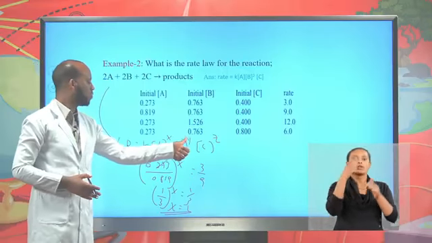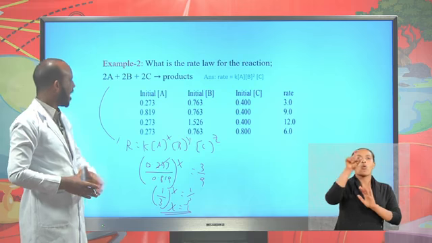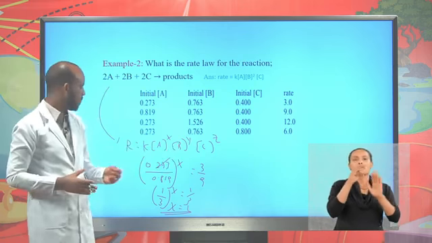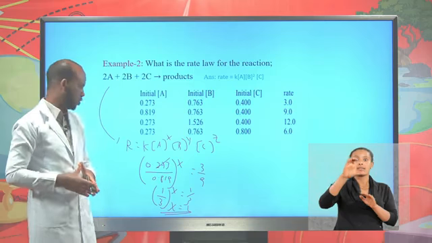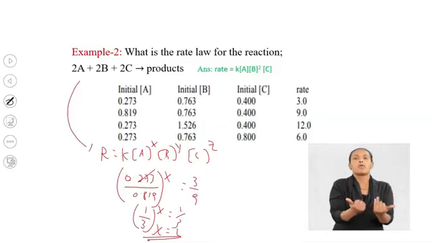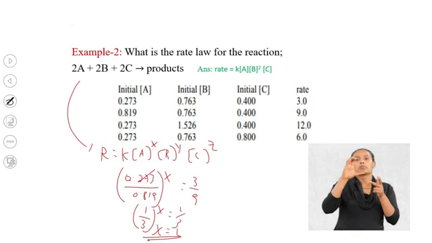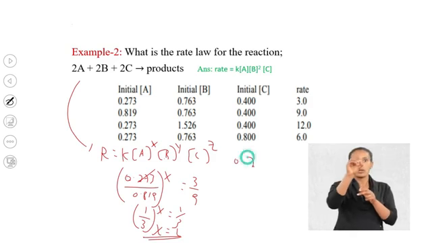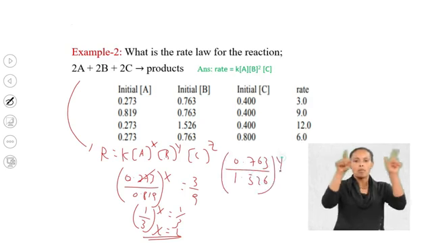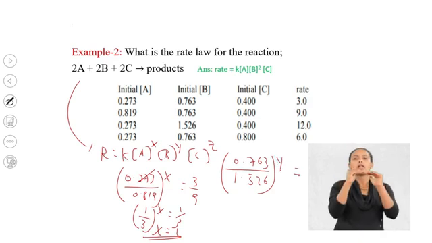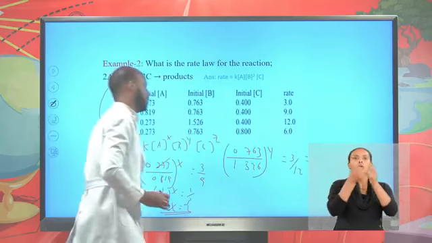To get the value of Y, vary the concentration of B while keeping the concentrations of A and C constant. Concentration of A is constant in experiment 1 and experiment 3, and concentration of C is constant. Therefore, 0.763 divided by 1.526 to the power Y equals R1 divided by R3, which is 3 over 12.